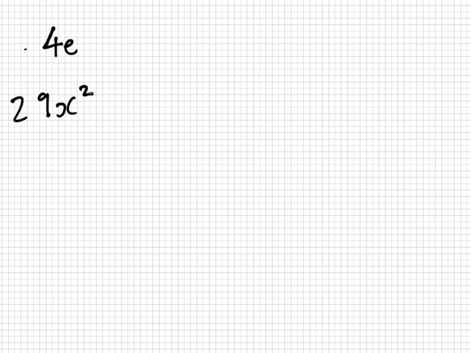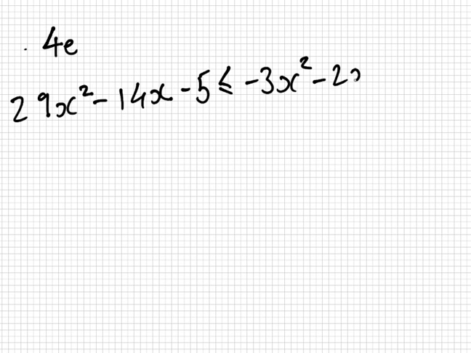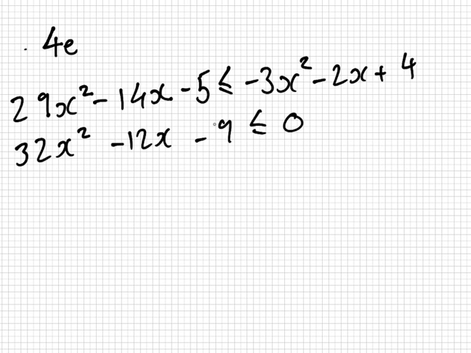29x squared minus 14x minus 5 less than or equal to minus 3x squared minus 2x plus 4. So take everything to the left: 32x squared minus 12x minus 9 less than or equal to 0. I can divide everything by nothing. No. Okay, so what are the two answers here on your calculator?